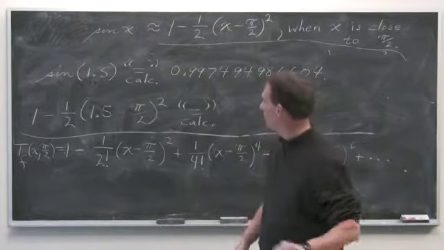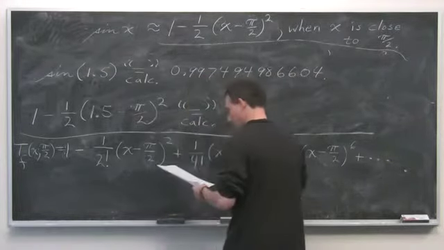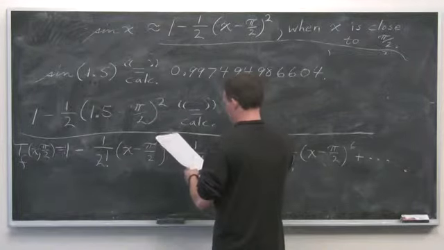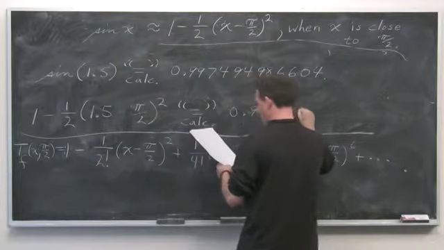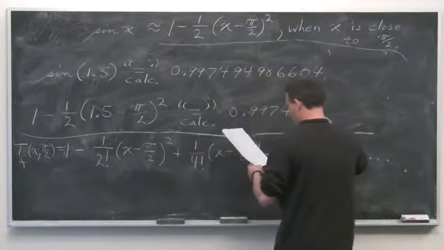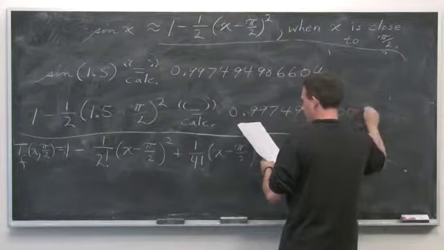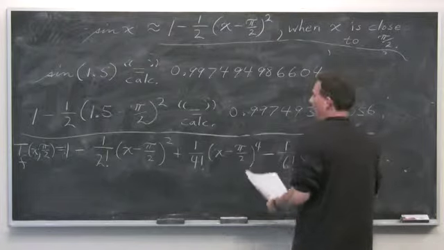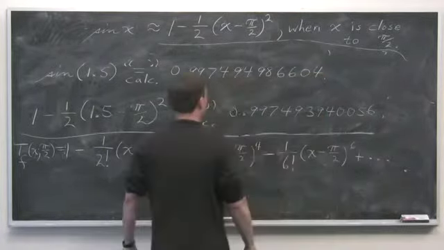I also asked my calculator for this, since I don't know pi to many places, and it told me that this was 0.9974939400056. How close is this? That's pretty close.